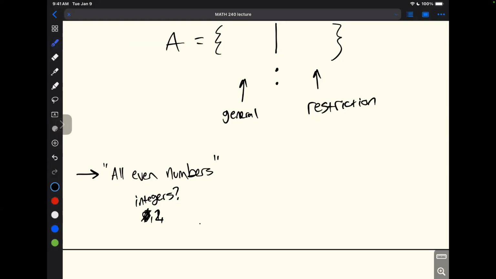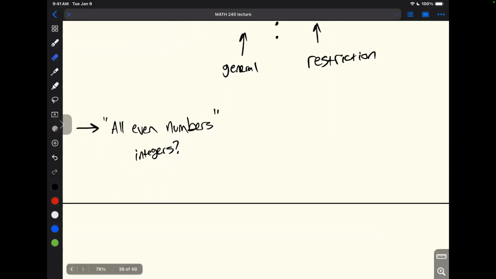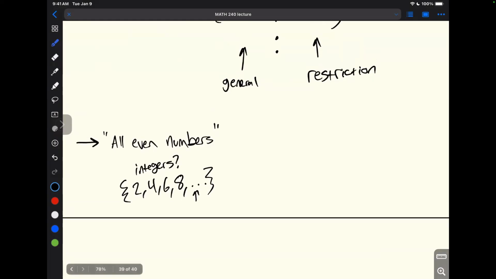they're looking to, let me rewrite this, they're looking to have 2, 4, 6, 8, and so on. We could write this in a set notation with the dots, but maybe we want to specify what exactly the dots mean. So we're going to write that as A is equal to curly brackets.